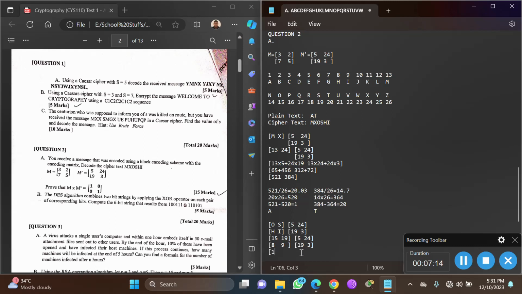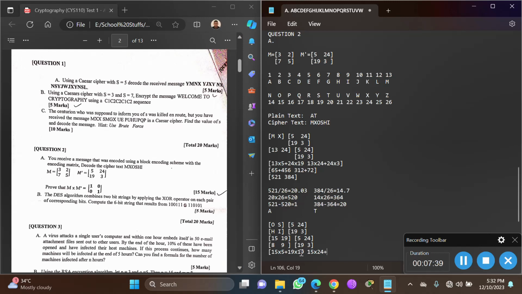So first thing it will be 15 times 5. Then you say plus, we have 19 times 19, row by column. Then you leave a space. So again we have 15 times 24, just like we did for the first one.